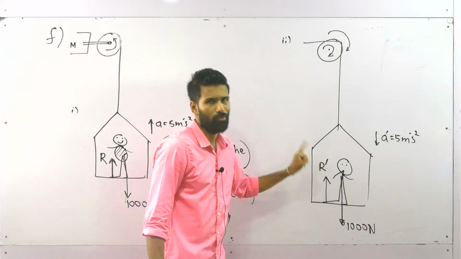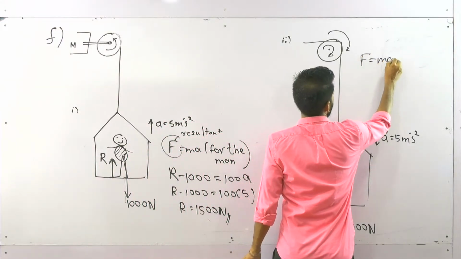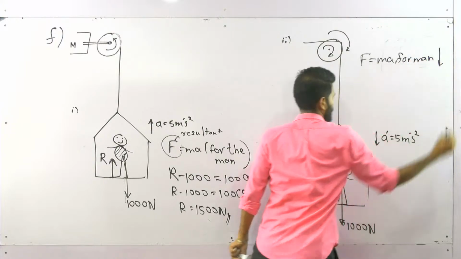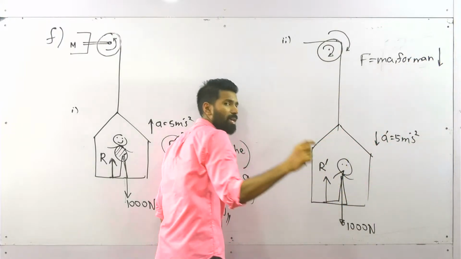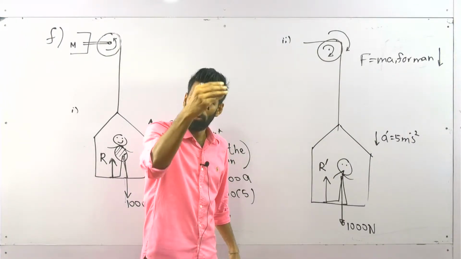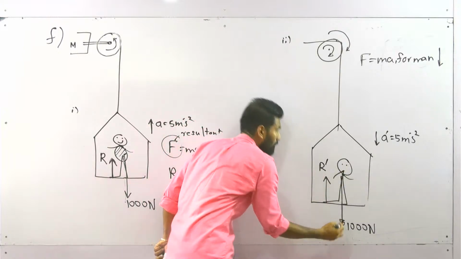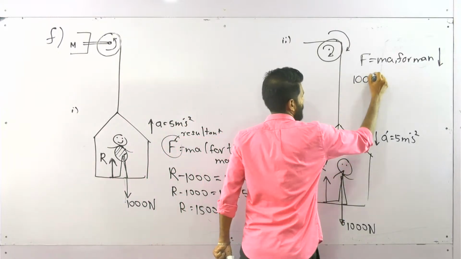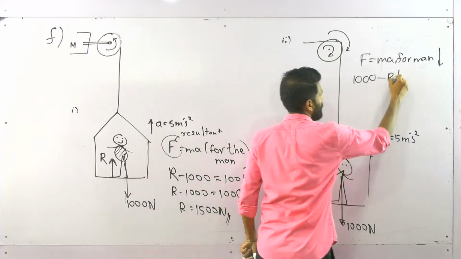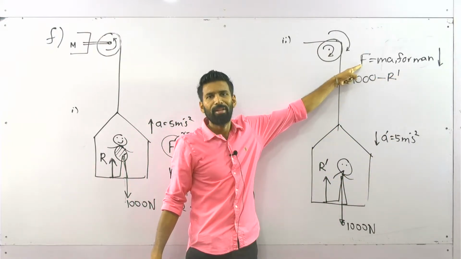It's R dash now. Applying F equals ma for the man in a downward direction. When we are applying F equals ma downward, F should denote the downward resultant force acting on the man. Gravitational pull, weight 1000, minus R upward, 1000 minus R dash. In this situation, what is the resultant force acting on the man in the downward direction?